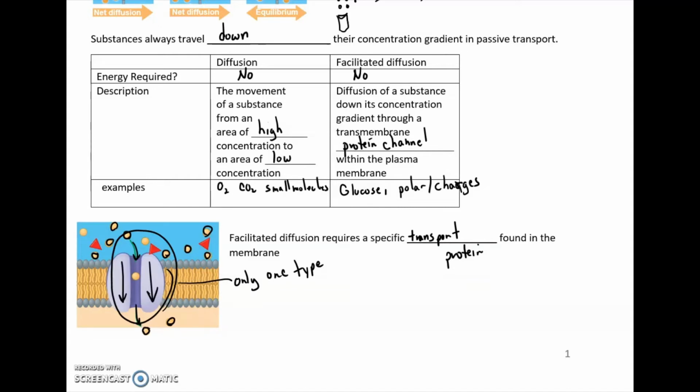So this might be a glucose transporter. It would allow glucose to traverse the membrane, but it wouldn't let anything else. They're very specific. They only let the one thing through.